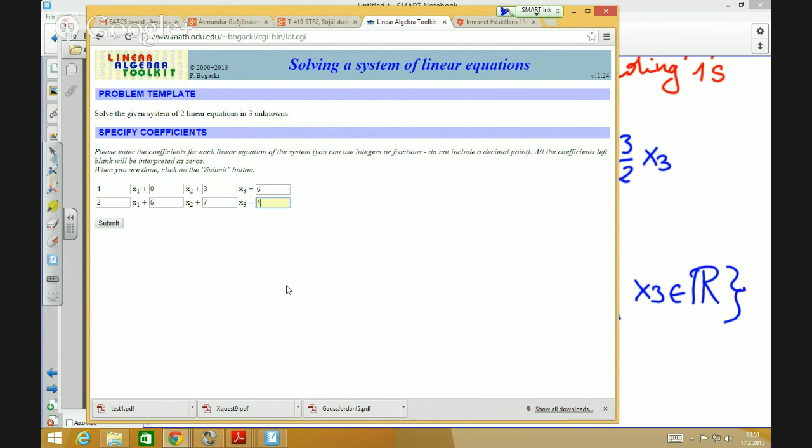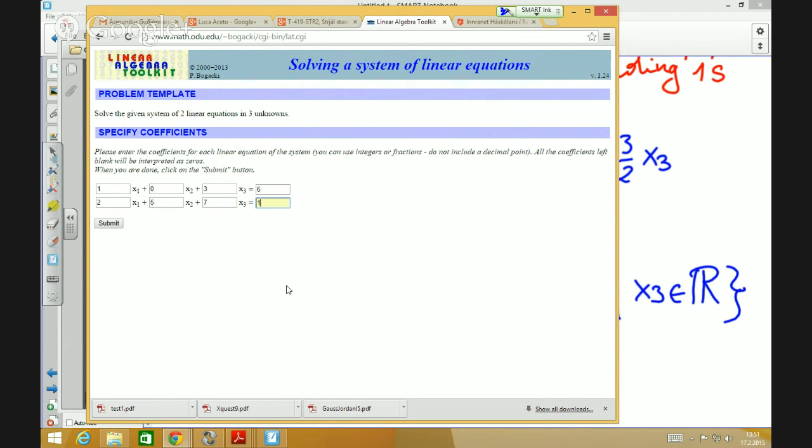Okay, so what is the largest number of leading ones that we can get in the reduced form? 2. Why? Because you can have at most 1 leading one per row, and you only have 2 rows.